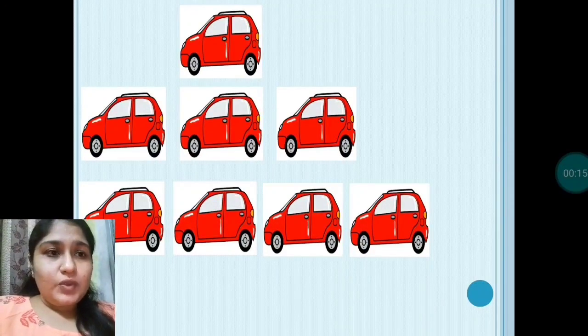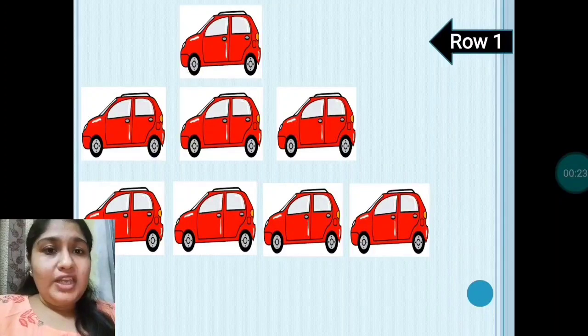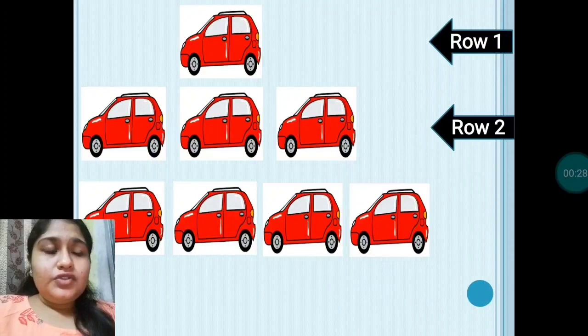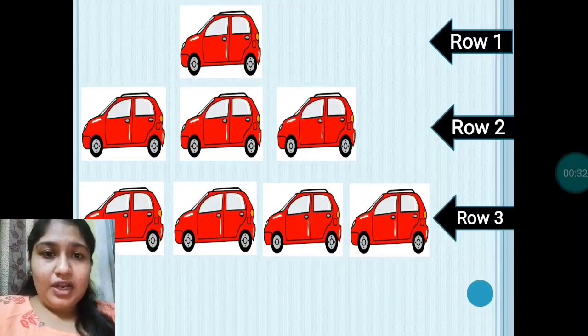Okay students. Now let us understand the other example. As you can see on the slide, these are pictures of cars. In row 1, only 1 car is there. In row 2, 3 cars are there. And in row 3, 4 cars are there.